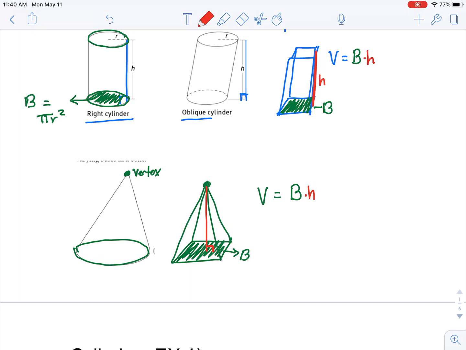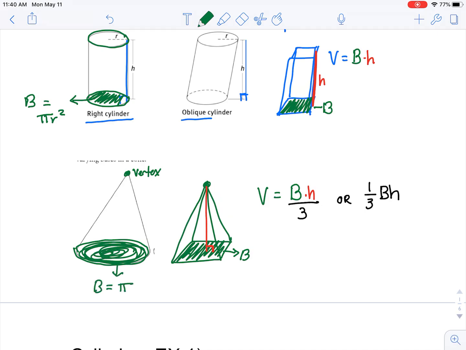But then we realized that it was actually going to take 3 of these pyramids to fill a matching prism. Therefore, we actually divided this by 3. Some people preferred the formula as 1/3 area of base times height. In a cone, since a cone is the same general shape in that it has a base and a vertex at the top, we're going to use the same formula.